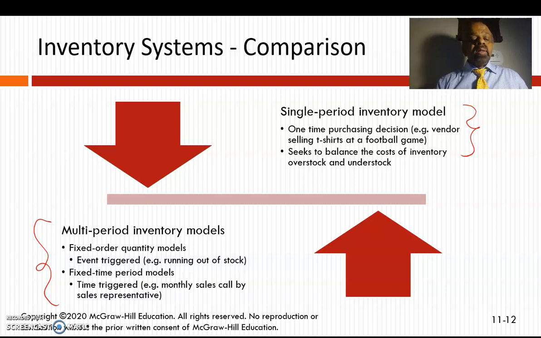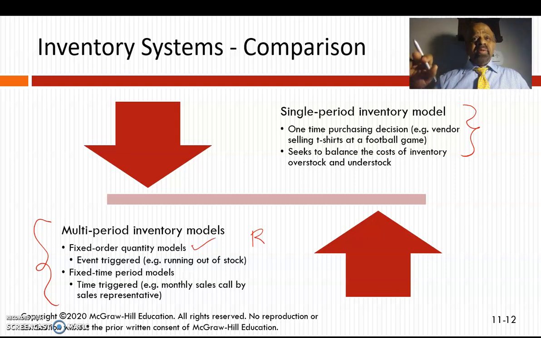Multi-period inventory models have two different models. One is a fixed order quantity model, where there is a reorder point, and when the reorder point comes, that acts as a trigger to buy some more of the stock. A fixed time period model is where every week on a Wednesday evening, I'm going to place an order for this particular product.